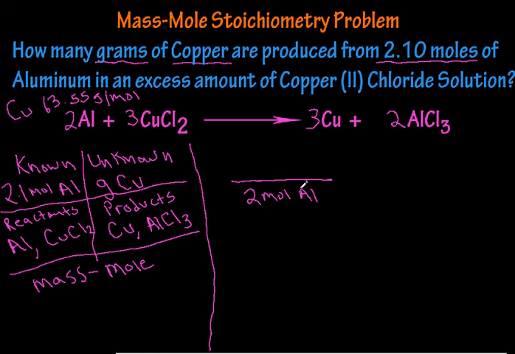And what's my unknown? Unknown always goes on top. Copper. 3 moles of copper. So now that you've got that, every stoichiometry problem needs that fraction. It doesn't matter if it's a mole, mole, mass, mass, volume, volume. They all need that fraction.